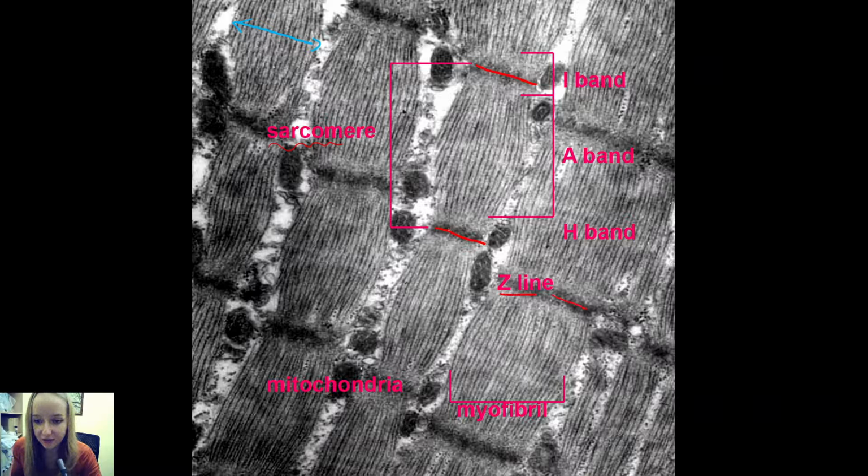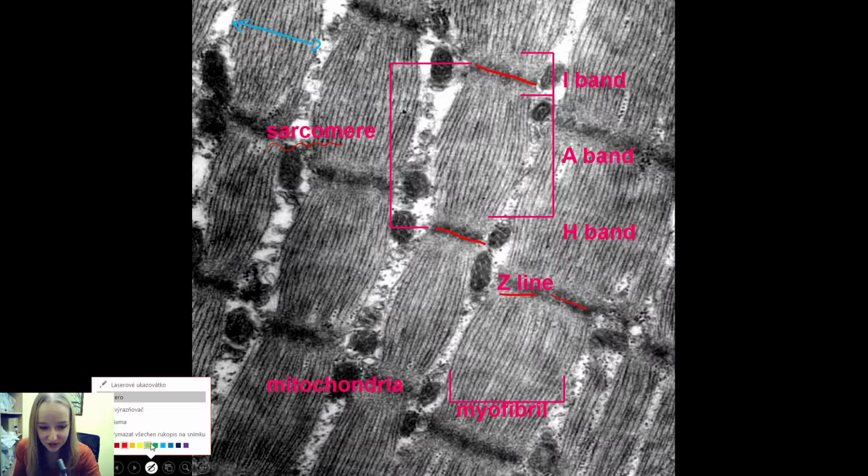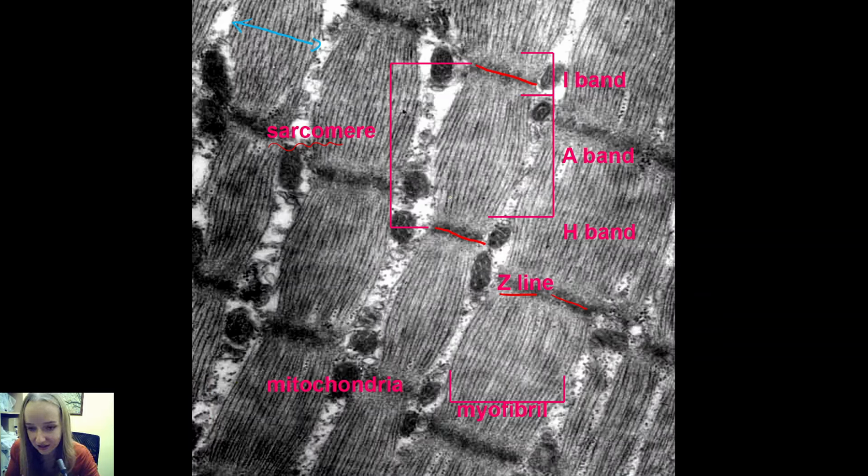And there are thin filaments that are connected to the Z line over here, and really we're not able to see them properly because they're so thin, but you should know thin filaments are like this. Okay, so these are the thin filaments going like this between thick filaments also in here, so it's looking just like this.